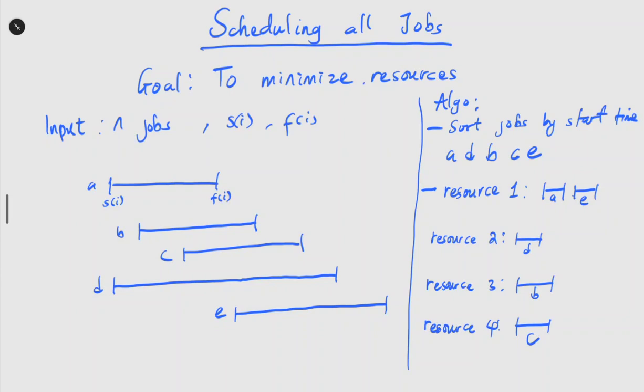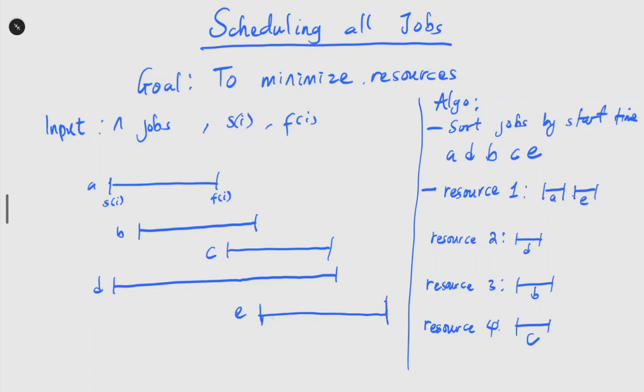But let's imagine a case where, let's say this is job C, and job C starts here, and let's also imagine that job E starts here.